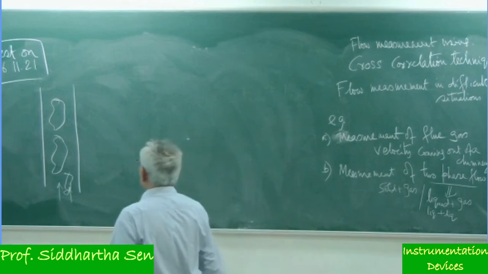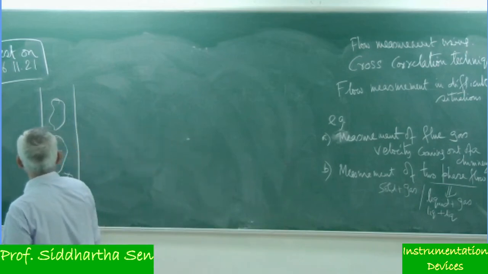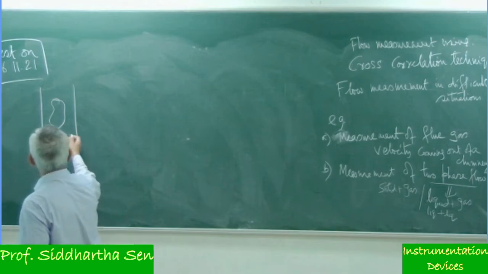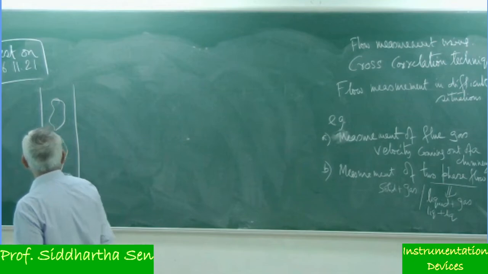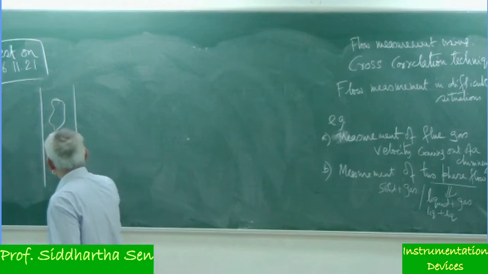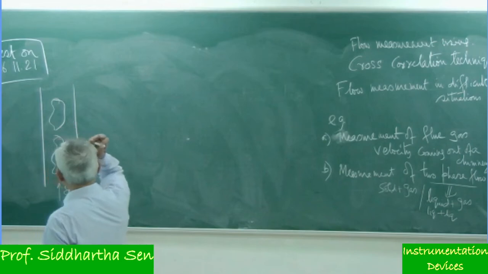Even though you use a Venturi here, though it is liquid and this is gas, what is the average density? You don't know. This depends upon the shape or the void fraction of this area.